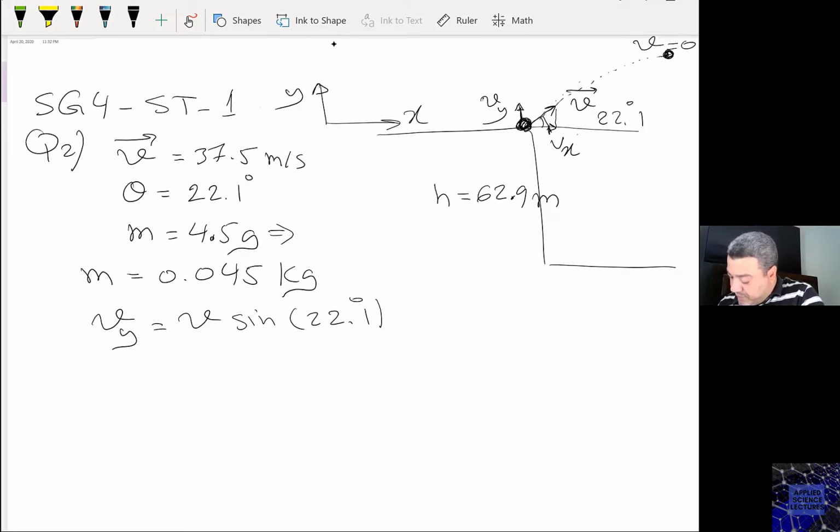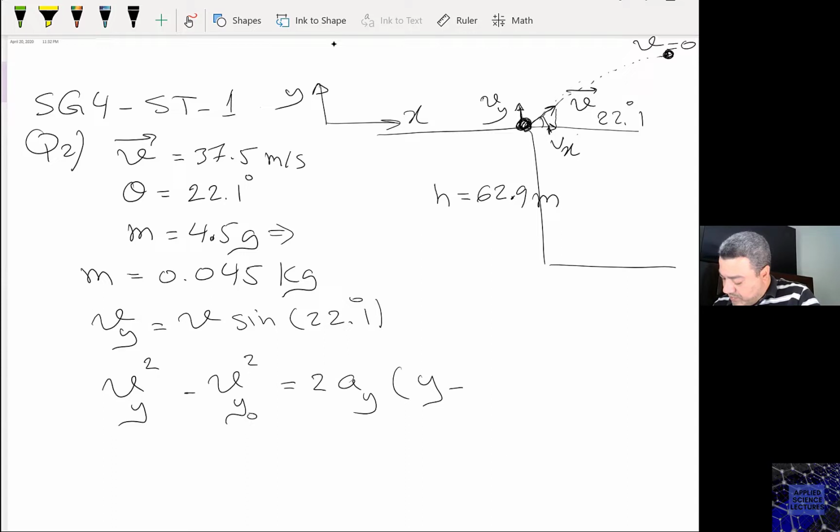So if you remember the motion equation for such a motion, Vy squared minus Vy naught squared equals 2 ay delta y. So I am after this. This is my delta. I need my delta y.